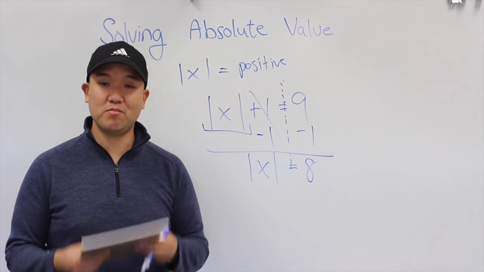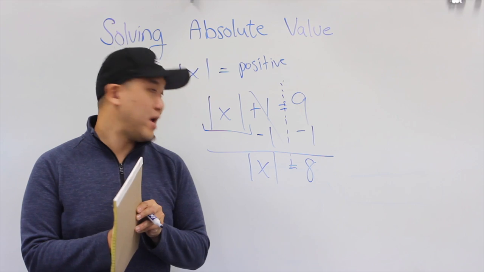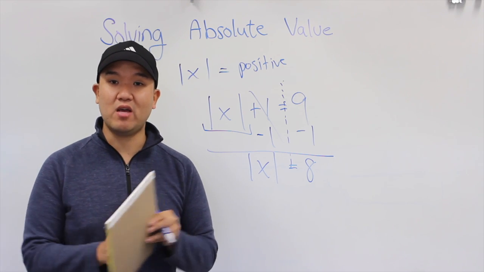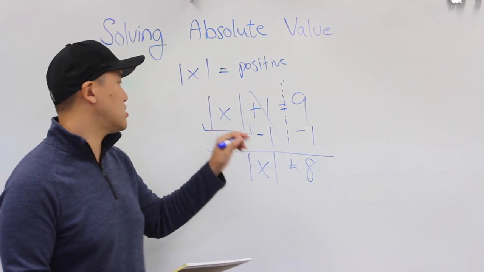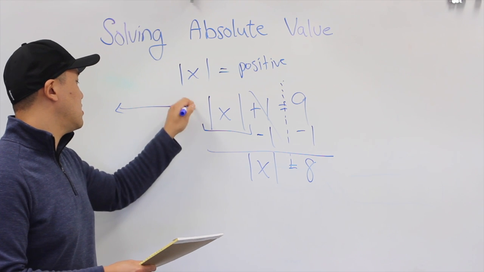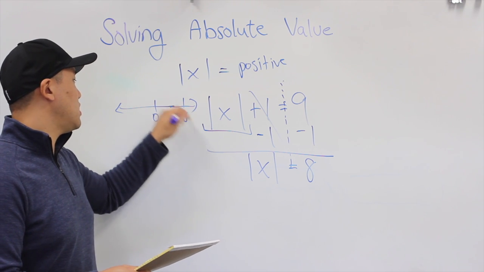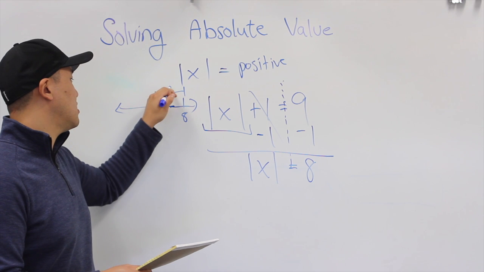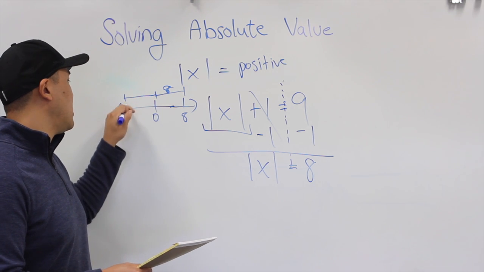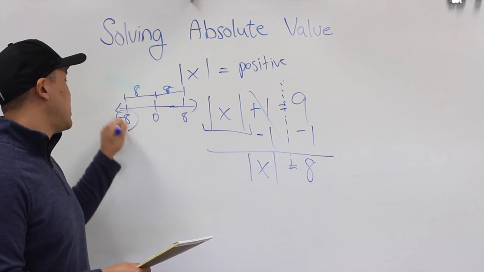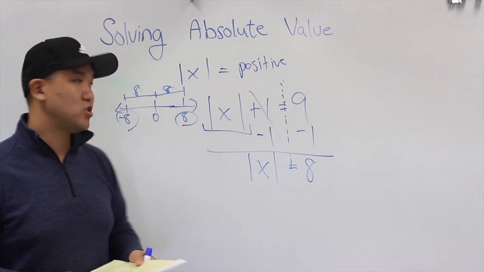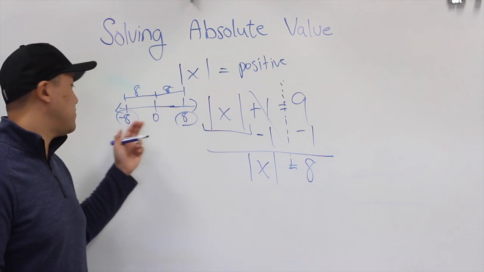That means from 0, where does it have a distance of 8? What places does it have a distance of 8? So if I do a quick sketch, at 0, you have a distance of 8 here, but you also have a distance of 8 there. So you technically have 2 answers. You have it at 8 and you have -8.